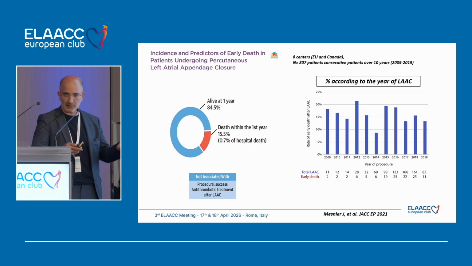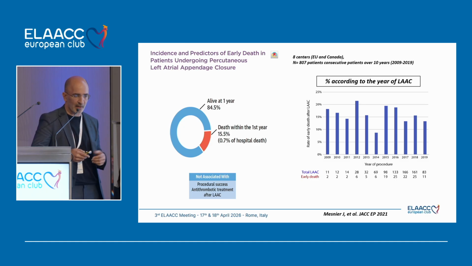These are centers with the operators you can see here, and the annual mortality did not change over the years. From 2009 to 2019, which was the inclusion period, the mortality is extremely high, going a little below and far above 10%.